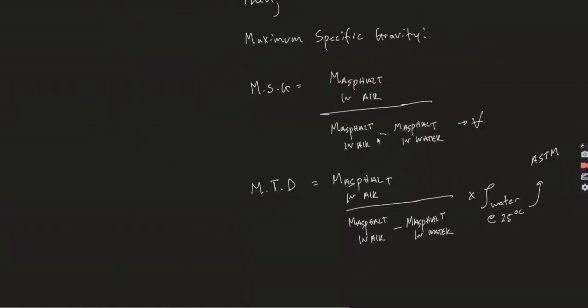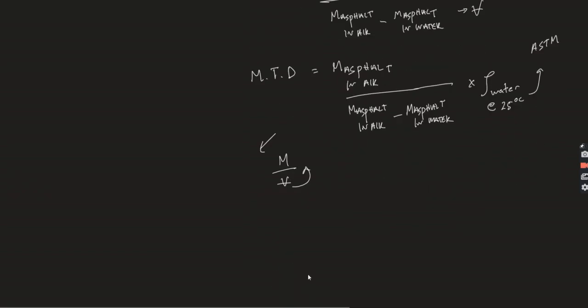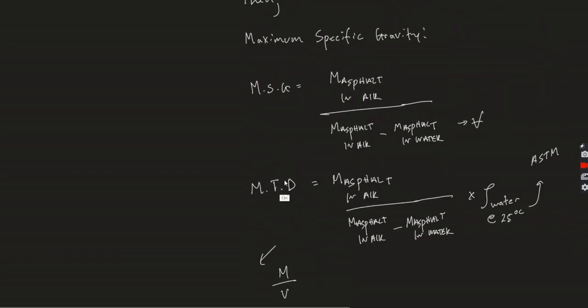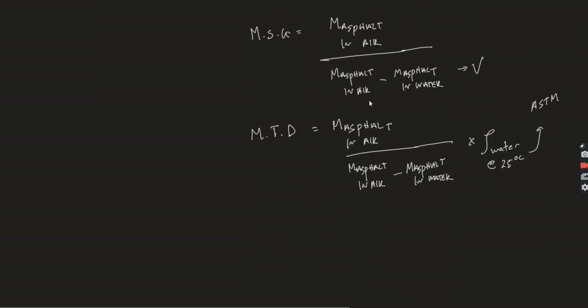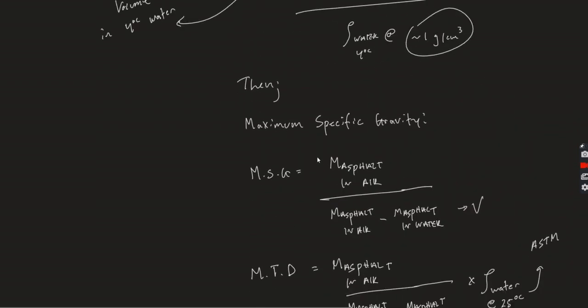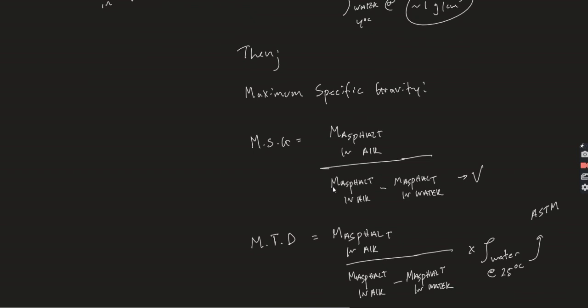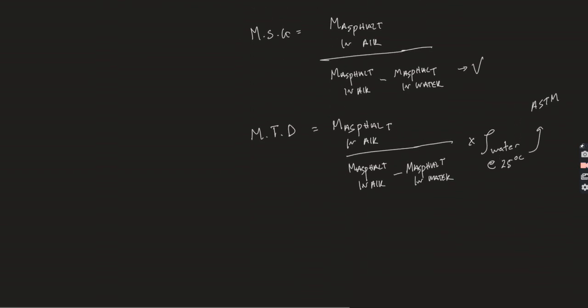So when you go mass divided by volume, it's going to flip into the numerator, basically. So then you multiply instead of divide. Hopefully that makes sense and clears some things up about specific gravity and theoretical density related to asphalt mixtures. Thank you.